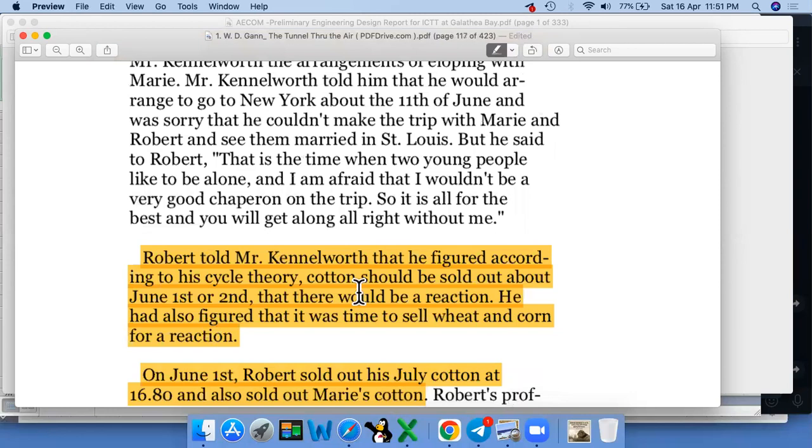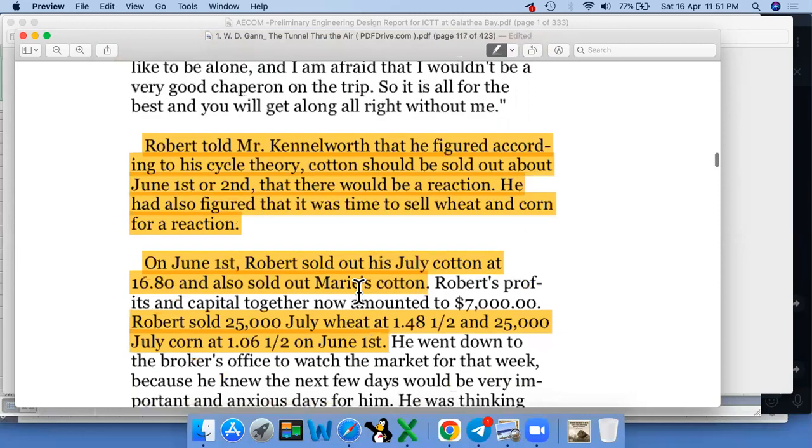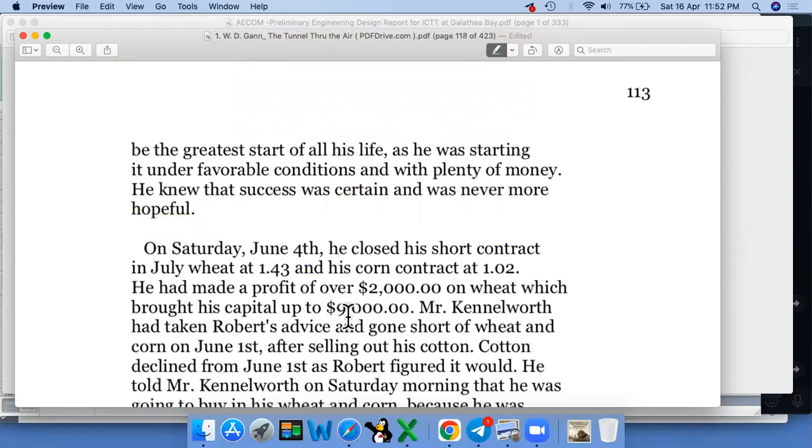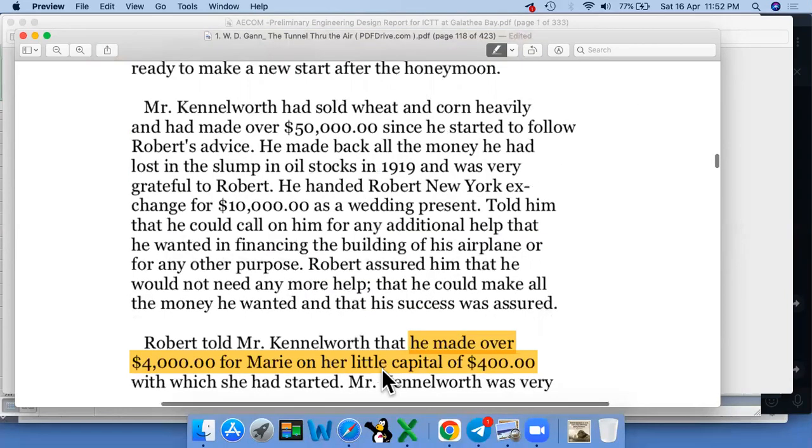She sold profits around this, and probably before this, made a profit of around 20,000, 2,000, bought capital around 9,000. And Robert did message that he had made over 4,000 for Mary on her little capital of 4,000. So from 4,400, it went up to almost 4,000. So that is almost around 10x.